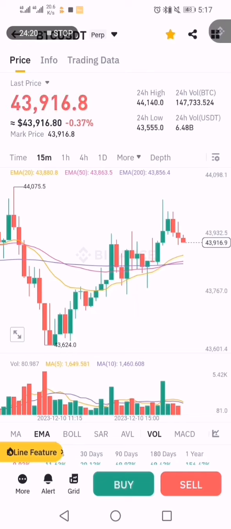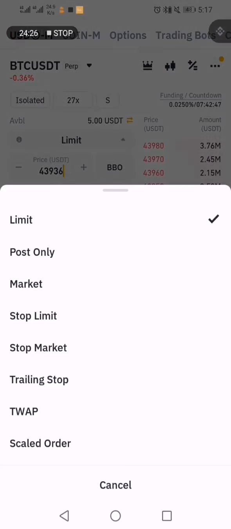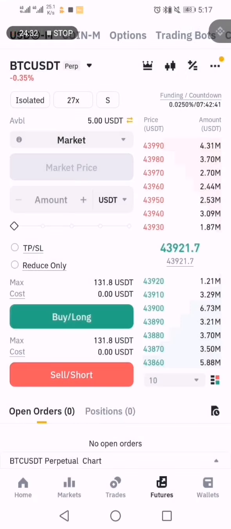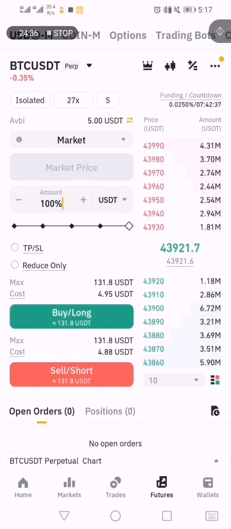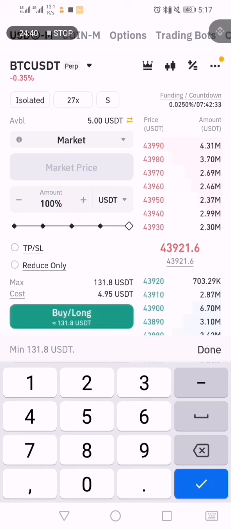So it's time for the trend to change a bit, though on a smaller time scale. On a bigger time scale, like a day or something, the trend may not likely change. So I'm choosing market now instead of limit, so it will just use the price that we have there already and fill my order.